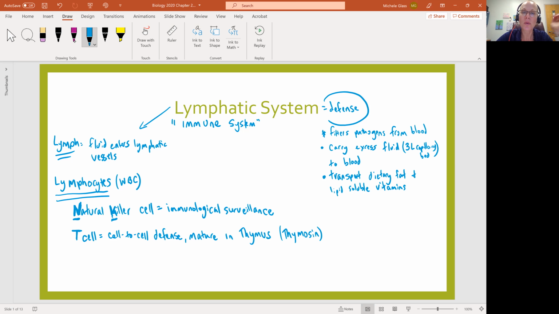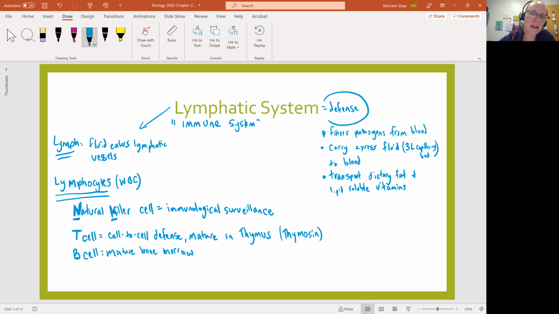Thymosin is a hormone that's involved in coordinating the maturation of those T cells. And then we'll also see a B cell. It's called a B cell because it's going to mature in the bone marrow, which is where we expect our formed elements to be formed.